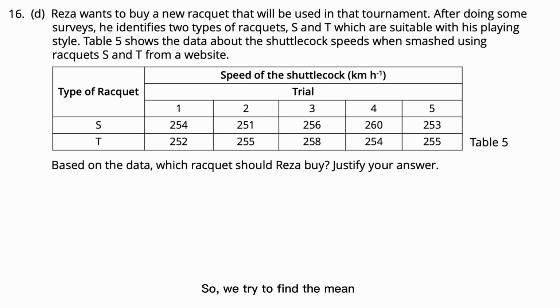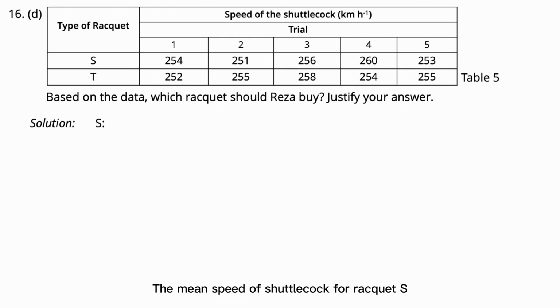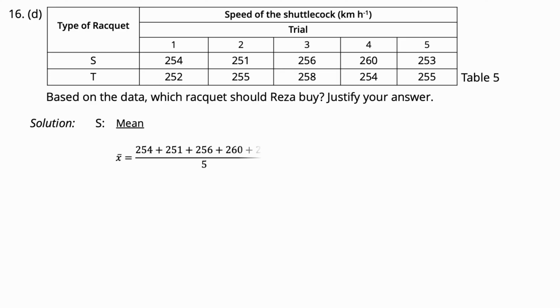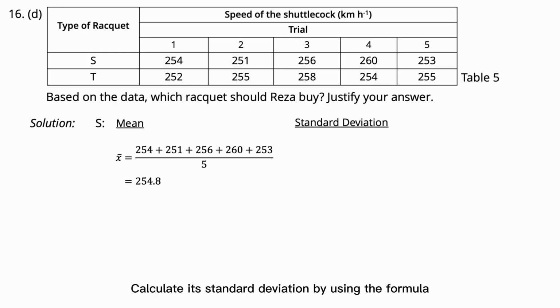So, we try to find the mean and the standard deviation of the speed of the shuttlecock for racket S and racket T. The mean speed of shuttlecock for racket S, the sum of 254, 251, 256, 260, and 253, then divided by 5 equals 254.8. Calculate its standard deviation by using the formula.